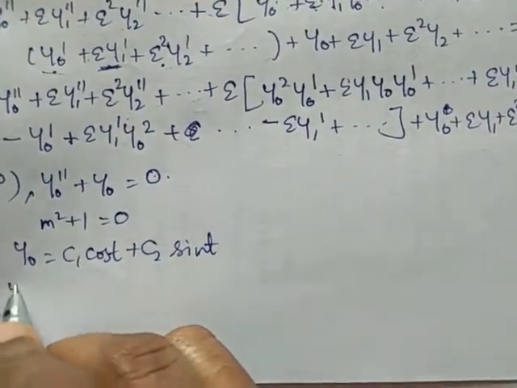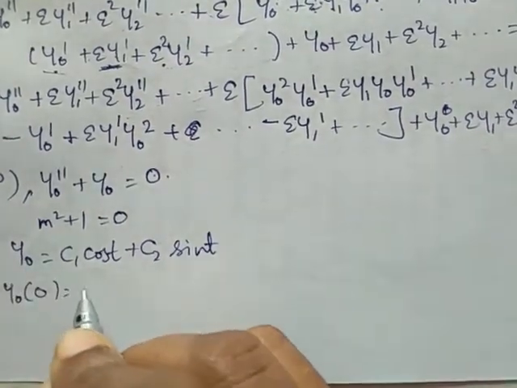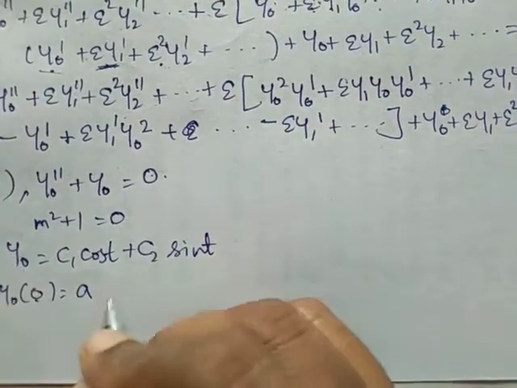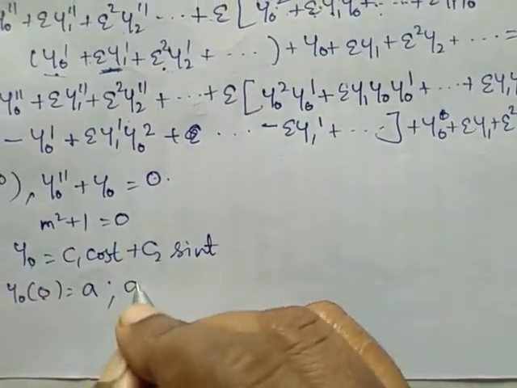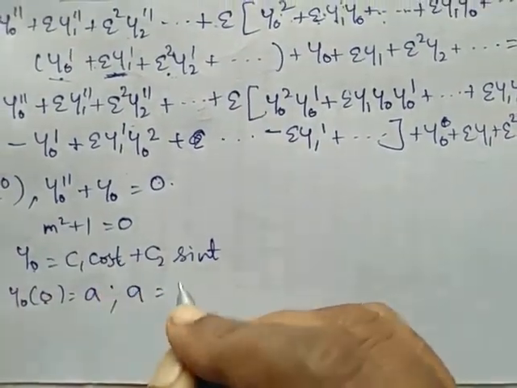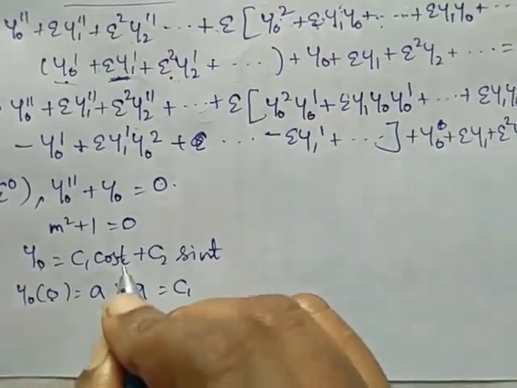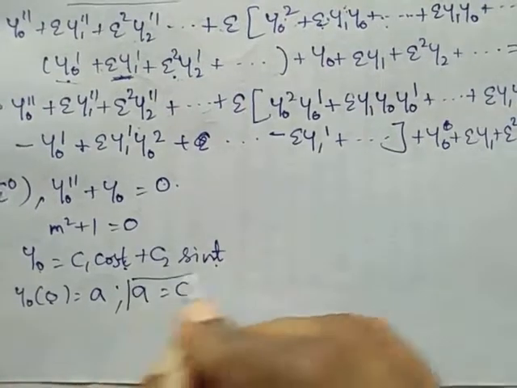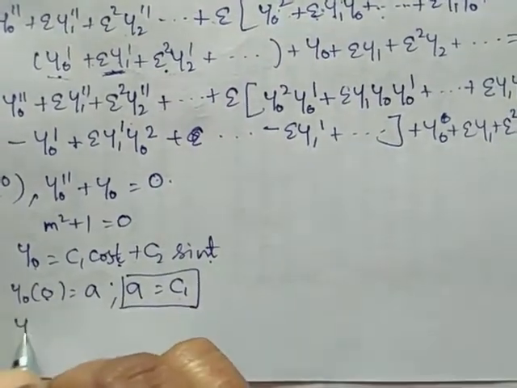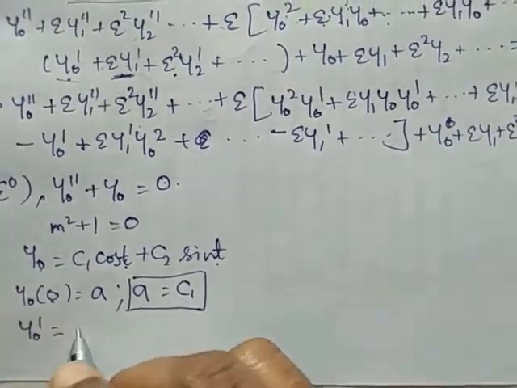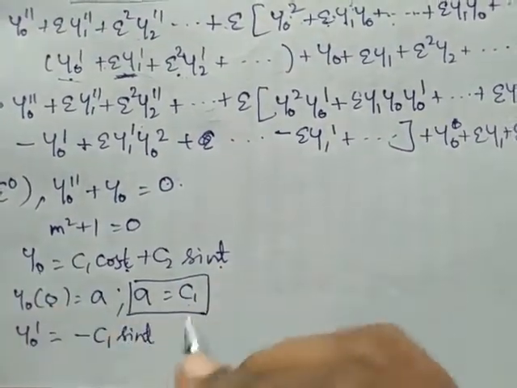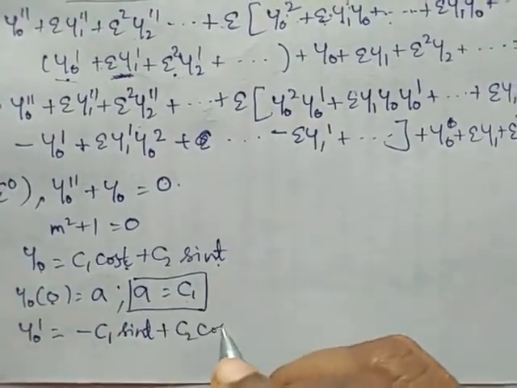First condition is y naught of 0 is equal to a. So substitute t equal to 0, y naught equal to a. We will get y naught as a; cos 0 is 1, sin 0 is 0. So we will get c1 as a. y naught dash is equal to minus c1 sin t plus c2 cos t.